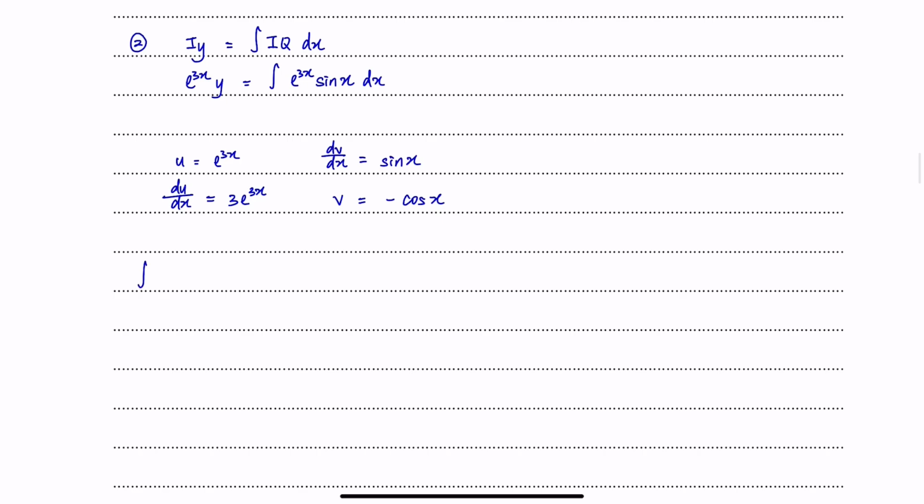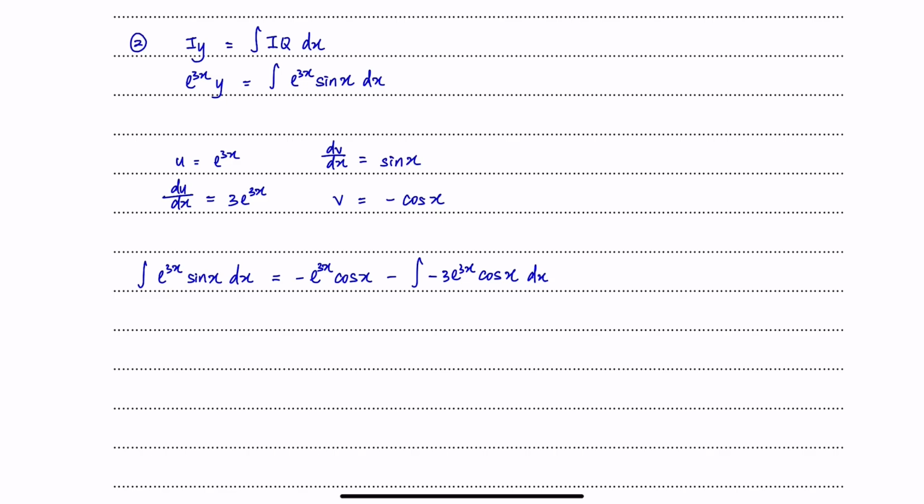So we can now write the integration of e to the 3x sine x is negative e to the 3x cos x plus, it's actually a minus, but then we have another minus, so it becomes plus. But anyways, I'm just going to write it here. So now we see that we need to integrate this.